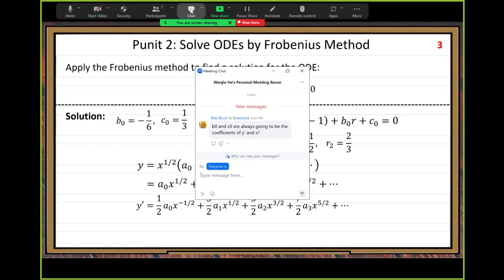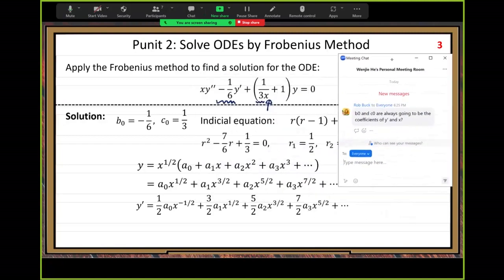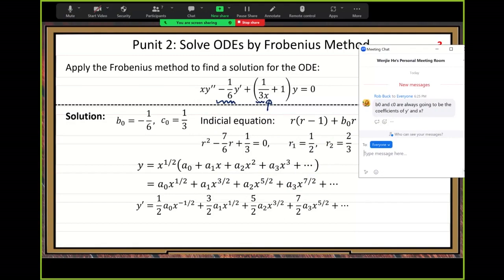Look at the original form: it is b of x times y prime. Then b0 is the constant term of b of x.